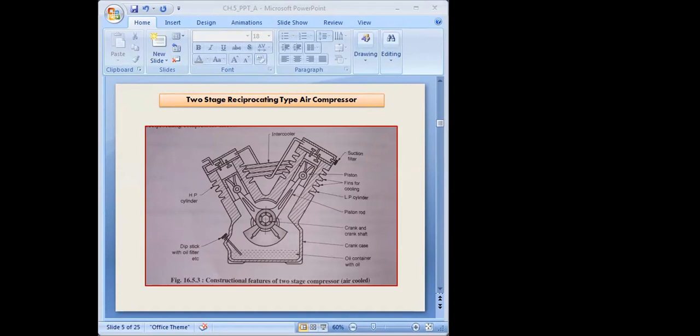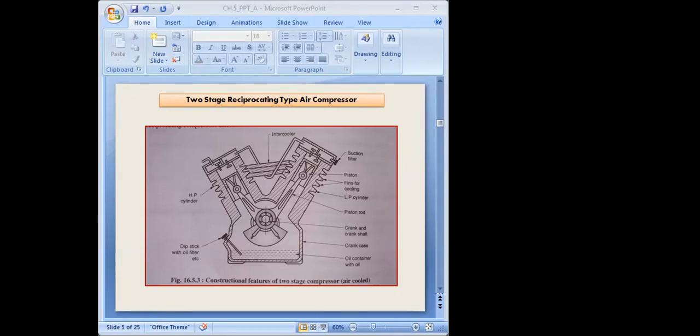As I have shown in this figure, here you can see the construction of this two-stage reciprocating type air compressor. It is much similar to our IC engine design. Here you can see the two pistons, which are connected to the common crankshaft.